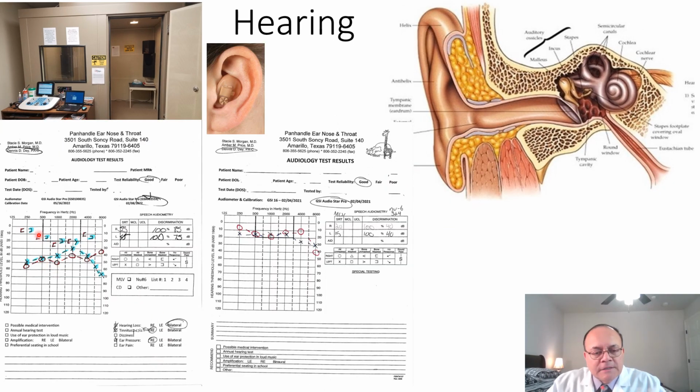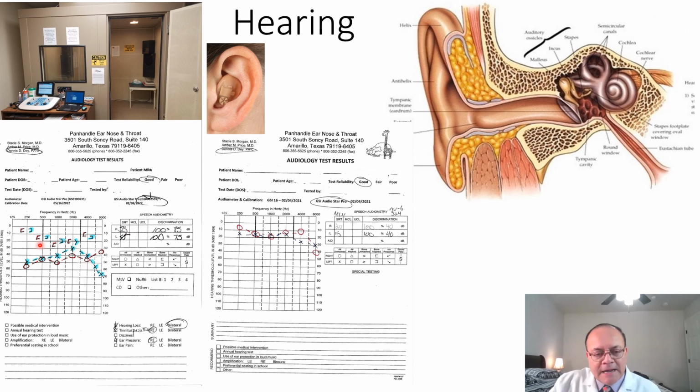Now look at this. These brackets show the hearing when the sound is being directly applied to the bone. These X's and O's show the hearing when the sound is coming from the outside and is trying to vibrate the membrane. Notice this gap.